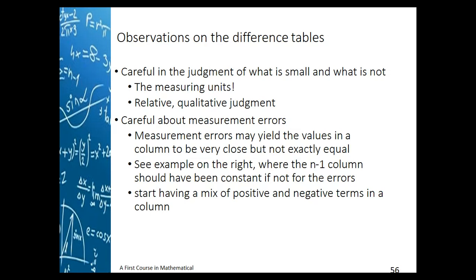Okay, so how are you going to judge this particular information? That is the meaning of the qualitative judgment. That one needs a lot of practice and understanding of the meaning of the difference in this particular information.